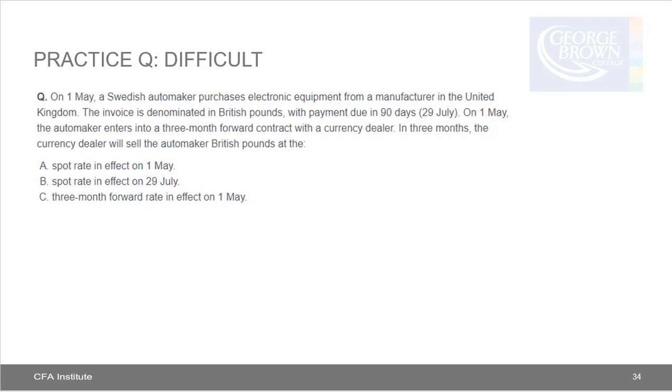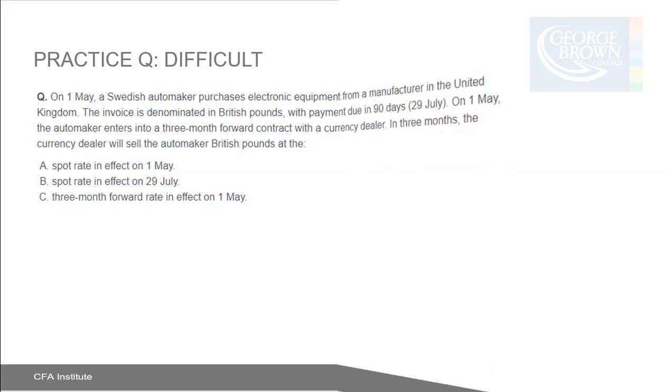In 3 months, the currency dealer will sell the automaker British pounds at the A, spot rate in effect on 1 May, B, the spot rate in effect on 29 July, which is 90 days later, or C, the 3-month forward rate in effect on the 1st of May.